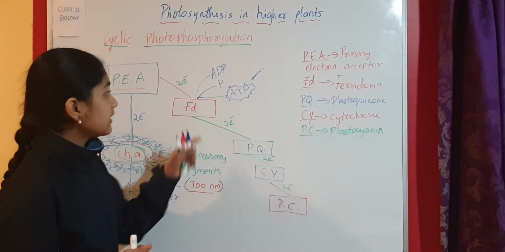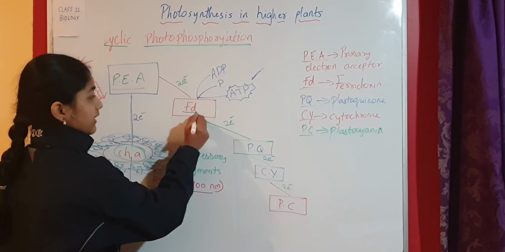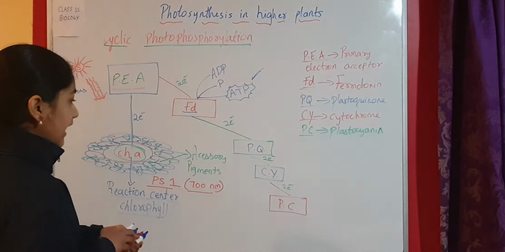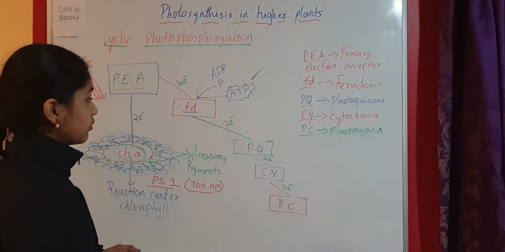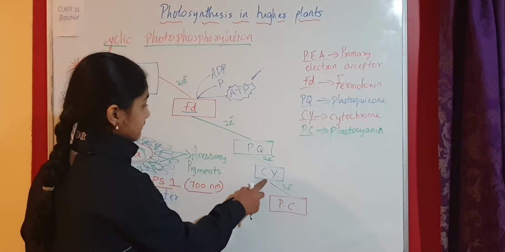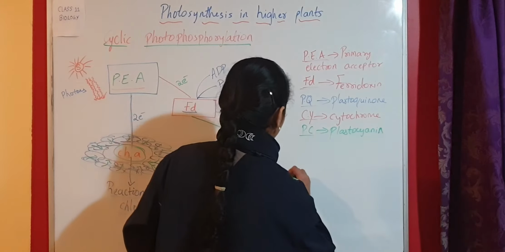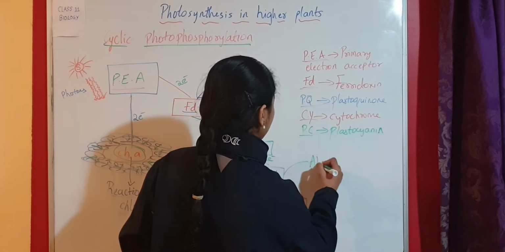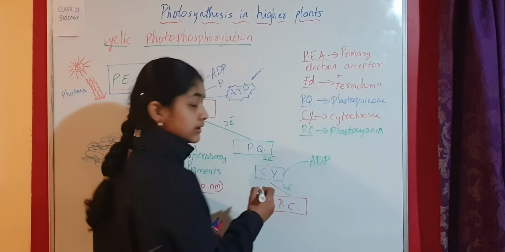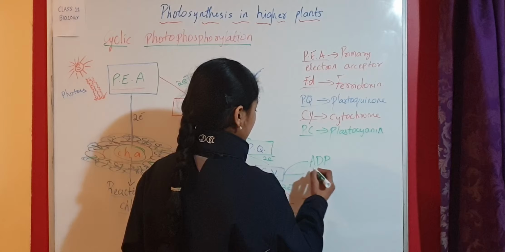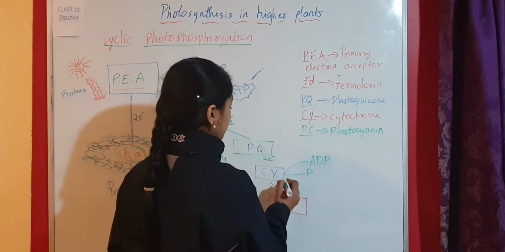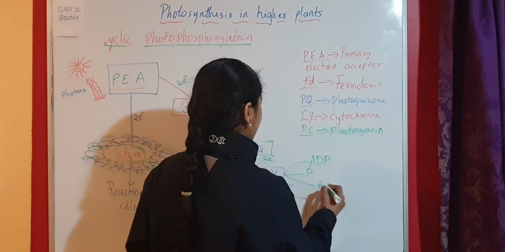So here when it is going through Fd, ATP is synthesized, and when it is going through CY, which is cytochrome, also one ADP molecule is going to combine with an inorganic phosphate molecule to form ATP.